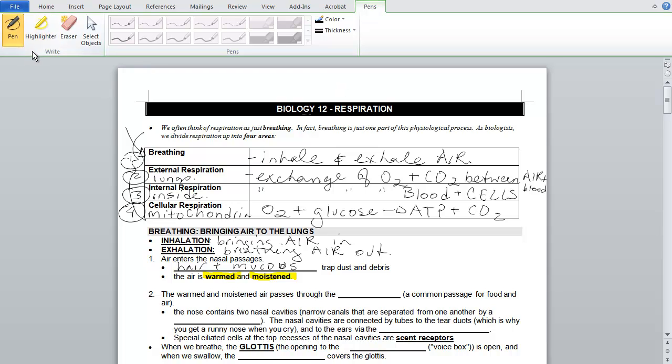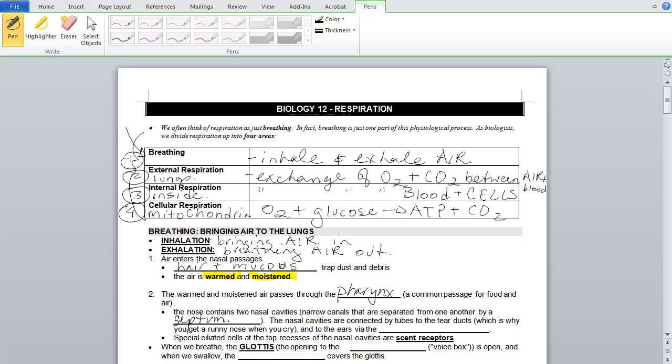The warm and moistened air passes through the pharynx, which we remember is the dual passageway, the back of our mouth, our throat. The nose contains two nasal cavities. They are separated by a wall called the septum, just like we had in our heart. The nasal cavities are connected by two tubes to the tear ducts, which is why you get a runny nose when you cry.